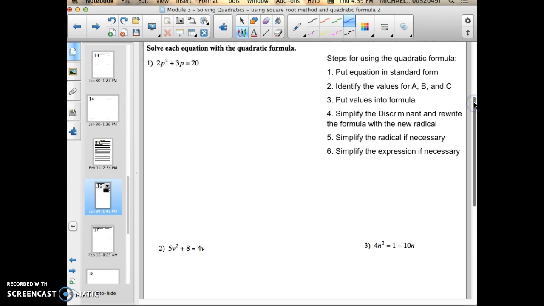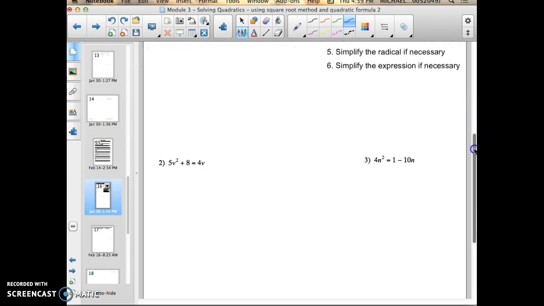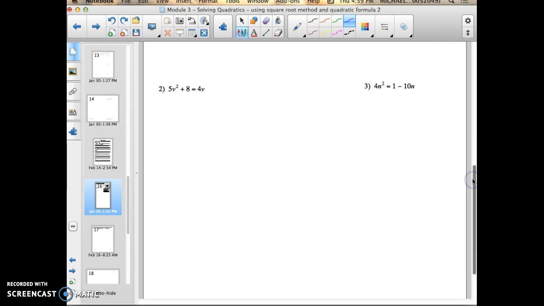The first step is to put this equation in standard form. If you remember correctly, standard form of any quadratic function is ax squared plus bx plus c equals 0. Now, in number 2, I have my quadratic term here that matches my quadratic term here. I have my c term here that matches here, but I am missing my b term.